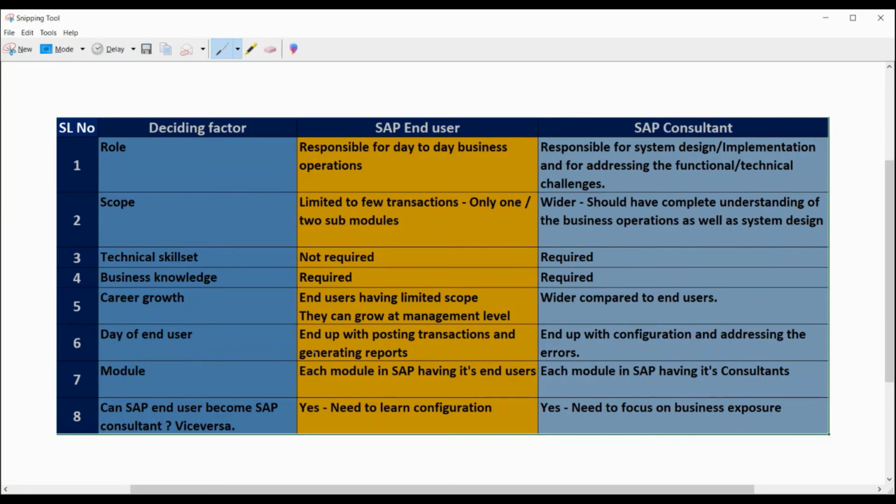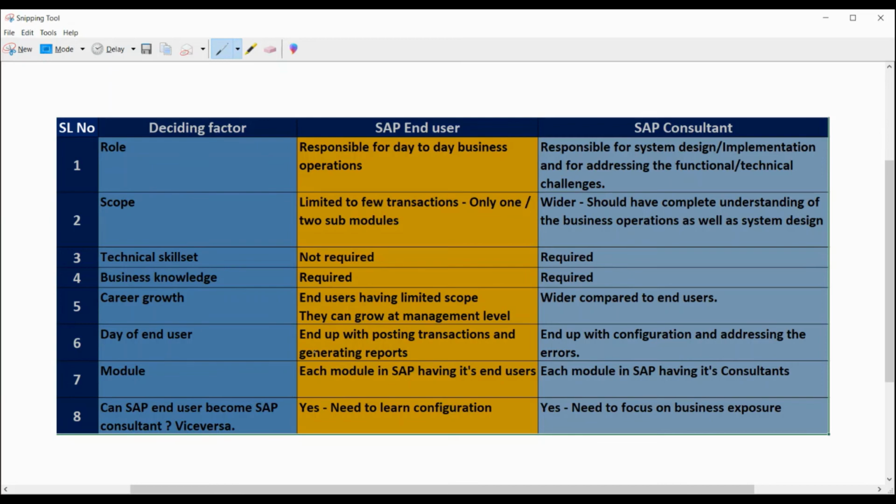Can an SAP end user become an SAP consultant and vice versa? Yes, an end user can become an SAP consultant after having decent exposure, but you need to learn some configuration skills. Can an SAP consultant become an end user, or go for a managerial level in an organization? Yes, obviously he can choose that as well, depending on his business knowledge. The opportunities are equal.